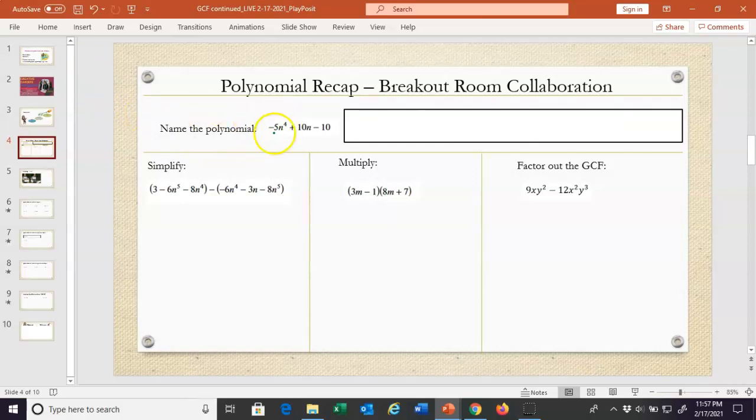So naming this polynomial has three terms, so that makes it a trinomial. That's all we needed to say here. We could ask, what is the degree? And the degree of this polynomial is 4, right? That's the highest exponent value of any term.